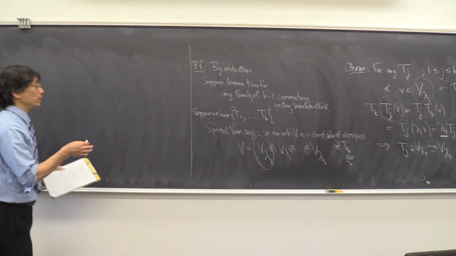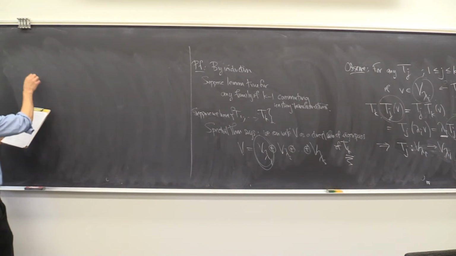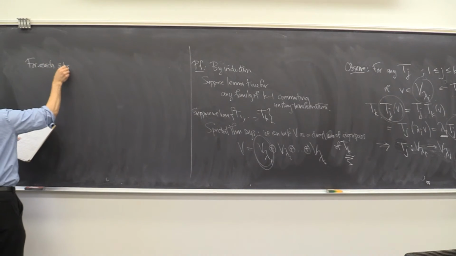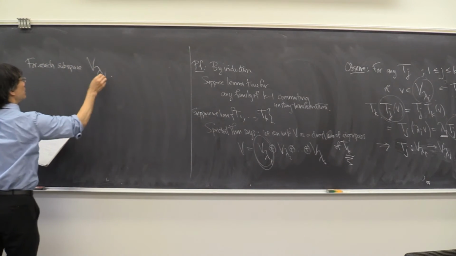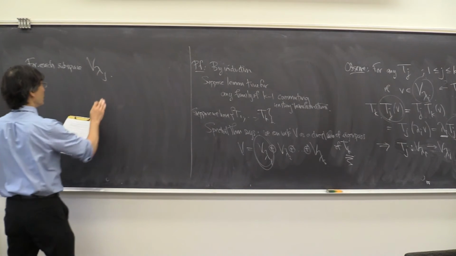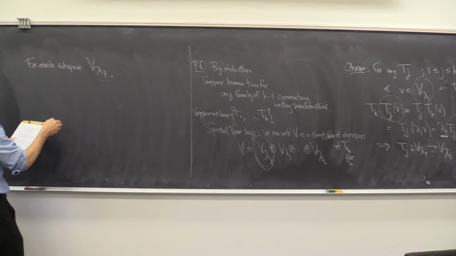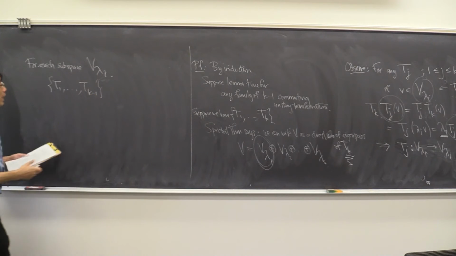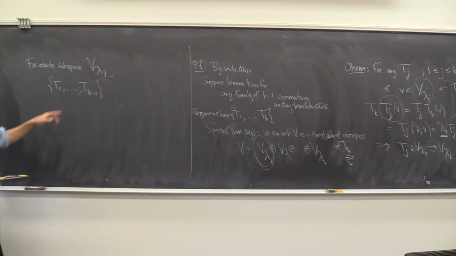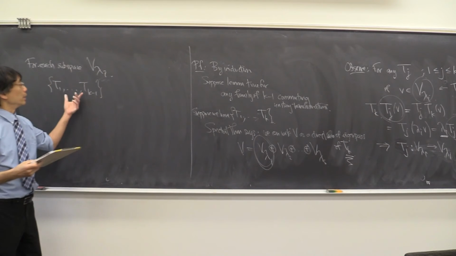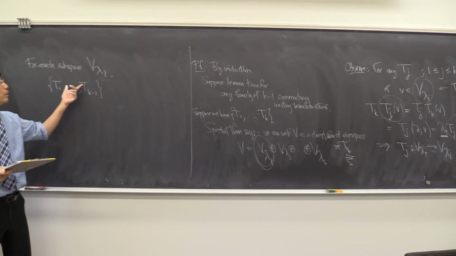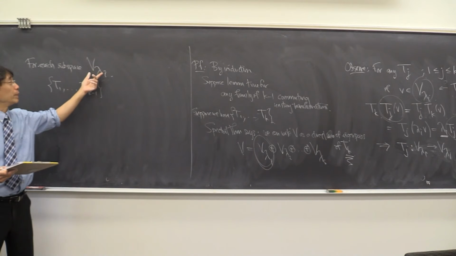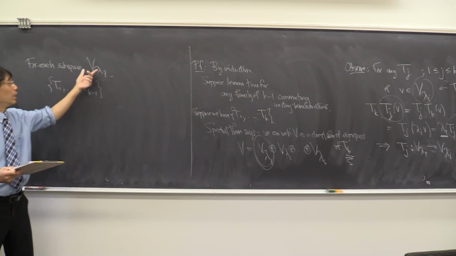For each of those eigenspaces, V sub lambda i, if we now look at the family, but not including T sub k, these guys just act within the subspace, and so we can apply the lemma to this case.